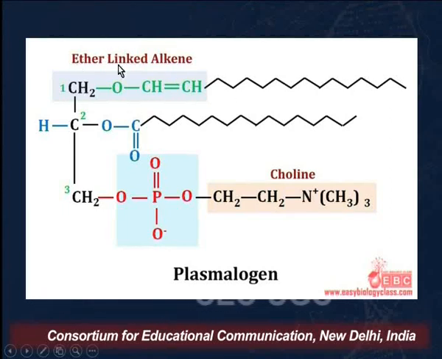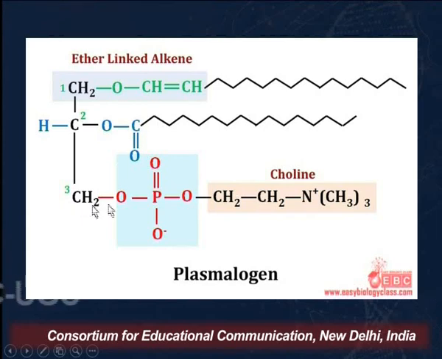So this is a bond between two alcohols, that is the OH group of a glycerol and the OH group of a long chain alcohol. Therefore, this is an ether bond. Whereas at the second carbon, the second OH of the glycerol reacts with a fatty acid to form an ester bond here.